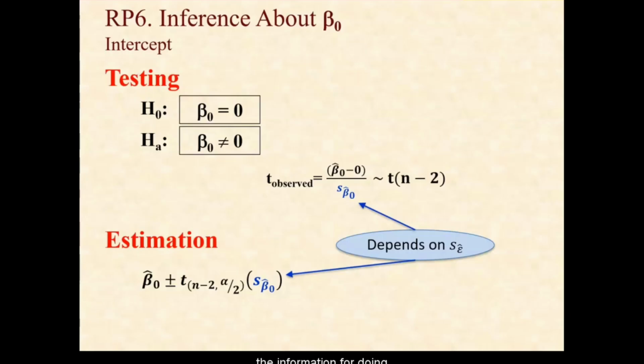Indeed, the information for doing inference for beta naught is readily available in the standard output that we get from R for regression. Compared to S sub beta 1 hat, the S sub beta naught hat is a different value for a different sampling distribution, now for the sampling distribution of beta naught hat. But it also depends on the standard error of the residuals, S sub epsilon hat.